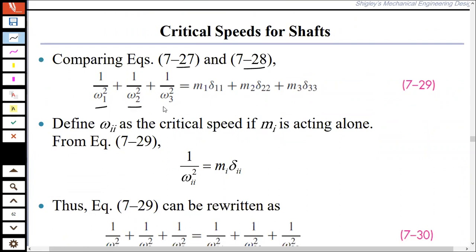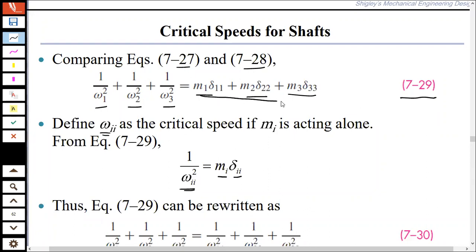plus 1 over omega 2 square plus 1 over omega 3 square is equal to m1 delta 11, m2 delta 22, m3 delta 33. Now, defining omega I as the critical speed if mi is acting alone, if only one of the loads is acting, then this equation becomes 1 over omega I square is equal to mi delta II.